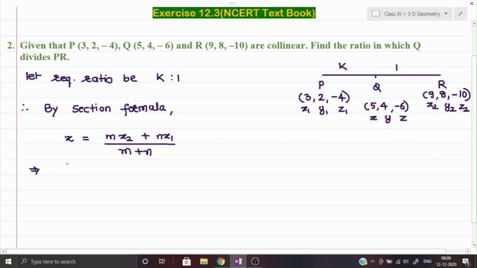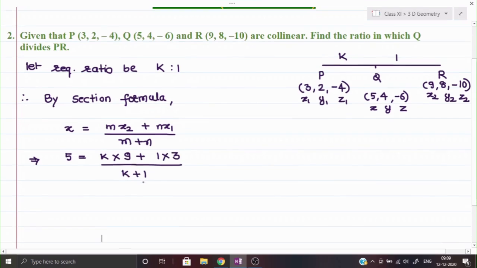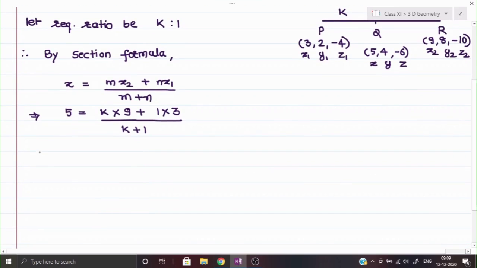So the value of x is here 5, m is k, then x2 is 9 plus 1 into x1 is 3, and again whole divided by k plus 1. Now we'll do the cross multiplication. k plus 1 will multiply with 5. So this will be 5k plus 5 is equal to 9k plus 3.